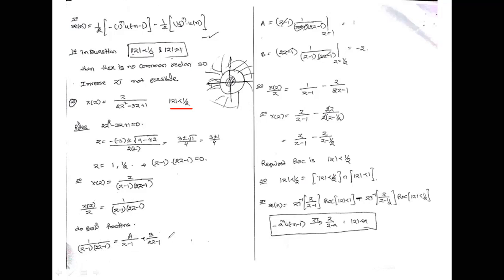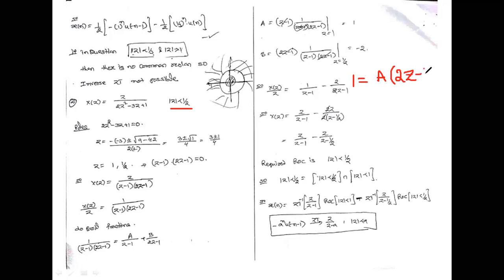Find the a and b values by comparing, or otherwise you can use a equal to (z minus 1) into X of z by z, where you substitute z equal to 1. Similarly, to find b, multiply (2z minus 1) with X of z by z and substitute z equal to 1/2.